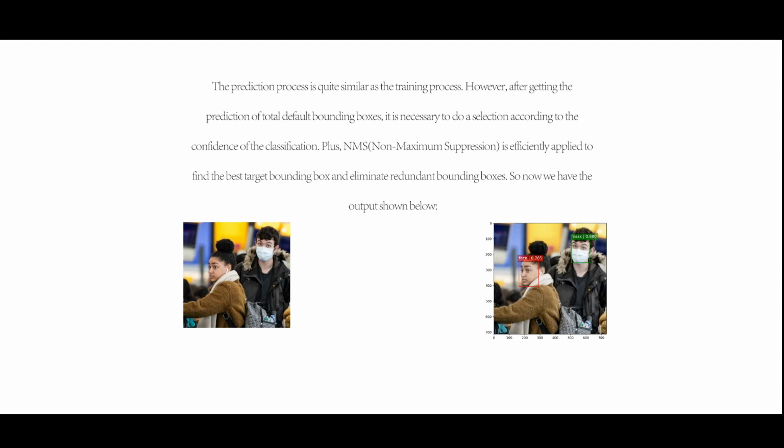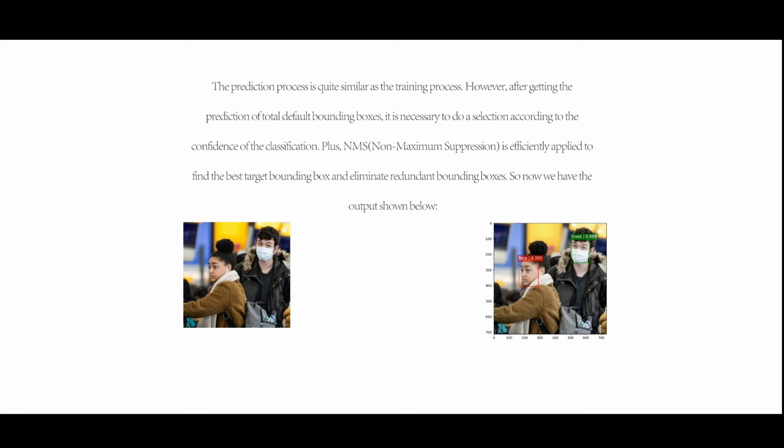The prediction process is quite similar to the training process. However, after getting the prediction of total default bounding boxes, it's necessary to do a selection according to the confidence of the classification. Plus, non-maximum suppression is applied to find the best target bounding box and eliminate redundant bounding boxes. So now we have the output shown below.